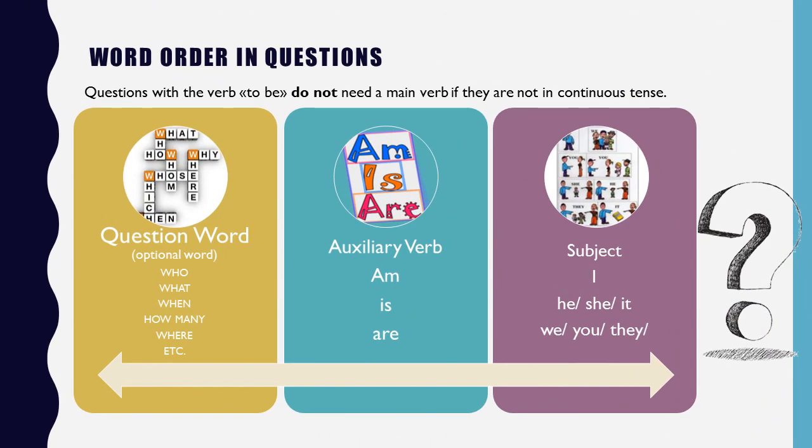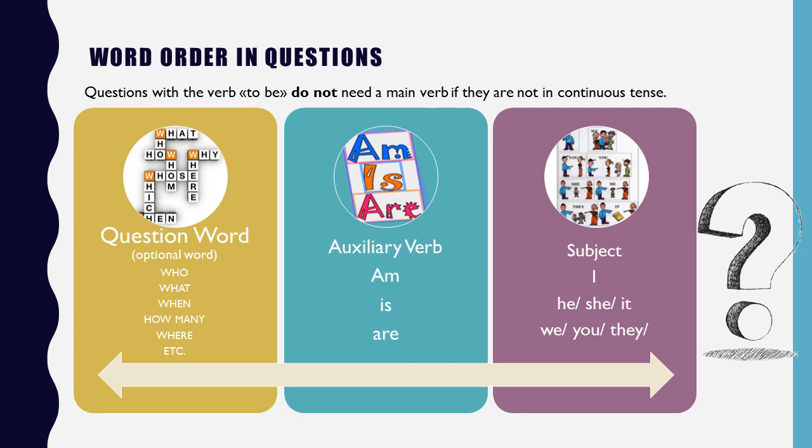Something important when we study questions is the word order. The word order in questions is very much regular in English, let's say, and in this case we are going to analyze questions with the verb to be, but later on we are going to see some other types of questions and you will see that there are some similarities with the word order.